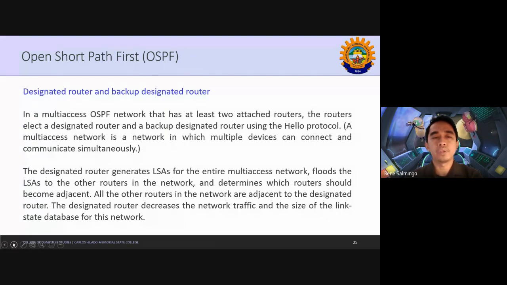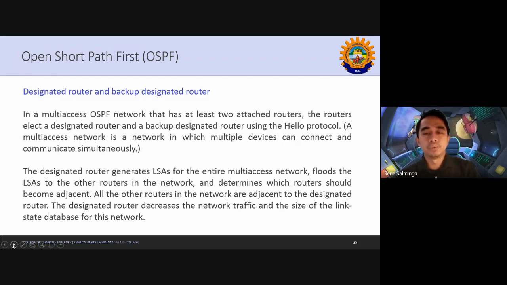Also, we have a designated router and a backup designated router in case the system fails. If we have so much traffic, only those computers that are included in the database will be considered.